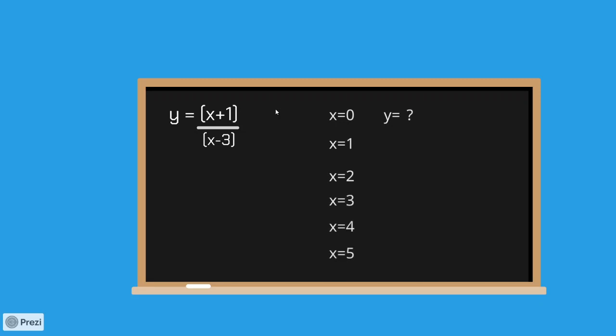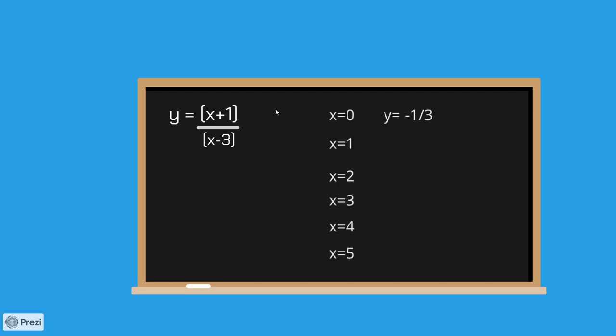Let's take this equation for example: y is equal to x plus 1 divided by x minus 3. Suppose I am asking you to plot the graph. You will take the values of x and find the values of y. Starting from x is equal to 0, 1, 2, 3, 4, 5.